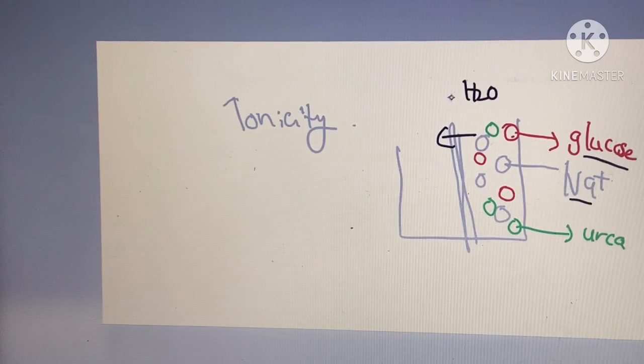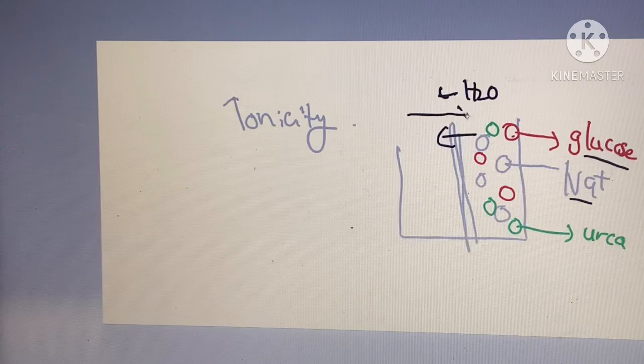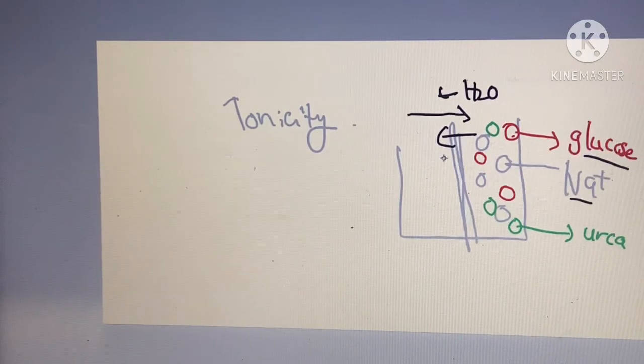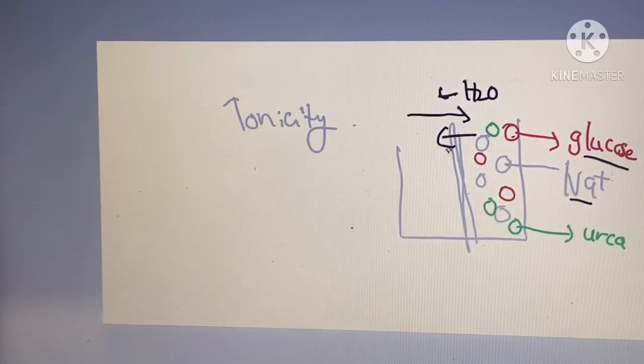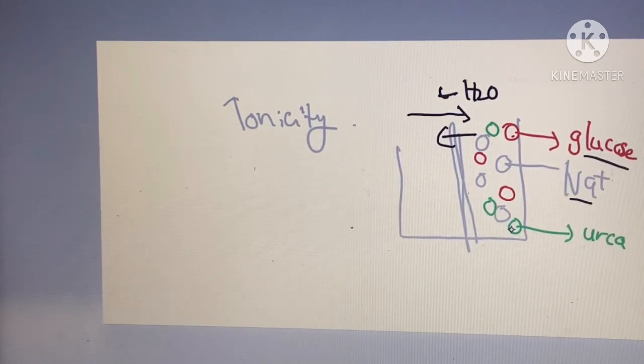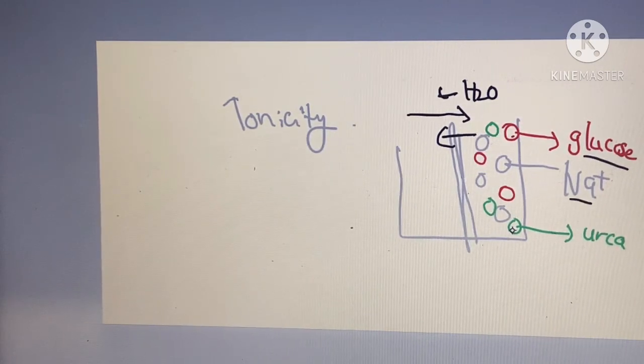The water will cross the membrane from the lower concentration to the higher concentration of the solutes. Now this glucose and sodium cannot go outside the membrane. However, urea is actually an ineffective osmole, or ineffective solute, in which the urea can cross over the membrane.